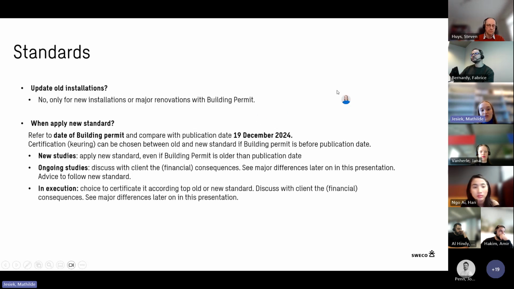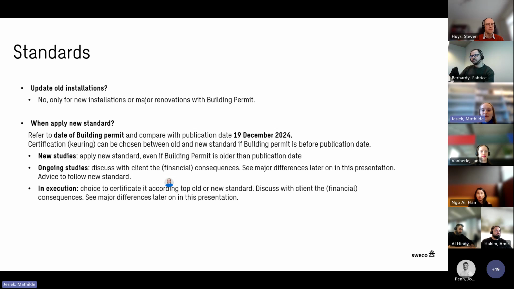The date of the building permit is what will be leading, compared to the date of publication of the norm, which was 19th of December. So if you have projects ongoing and the permit is from before 19th of December, you can decide to still use the old norm, but we think it's useful to discuss this with the clients.